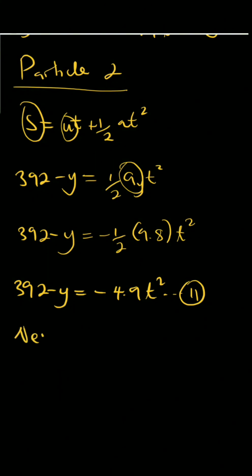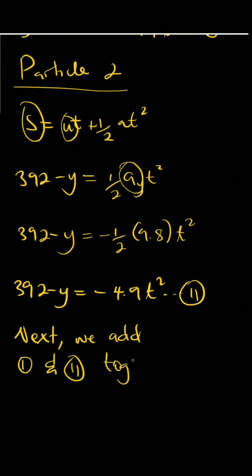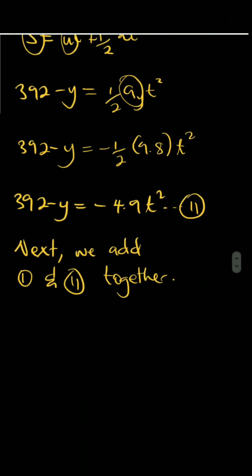Equation 2. Now what you do from here is add the two equations together, equation 1 and equation 2, so that we find y and t. When adding equations, you add the left hand sides together, then equate with the sum of the right hand sides.